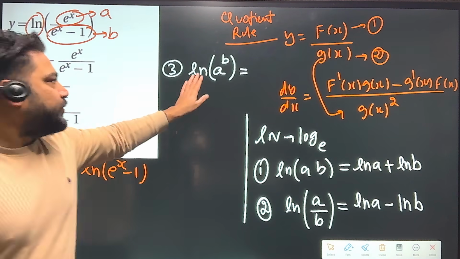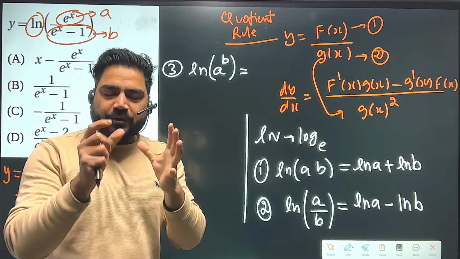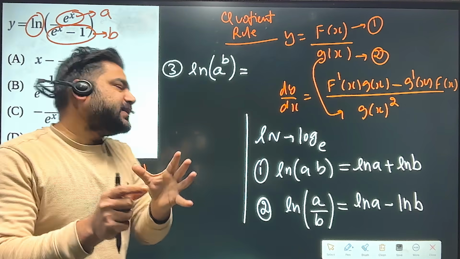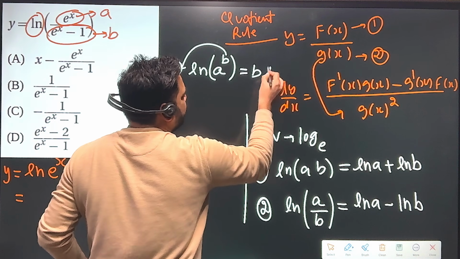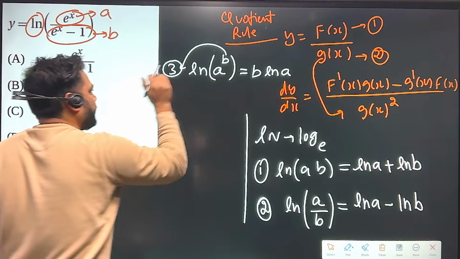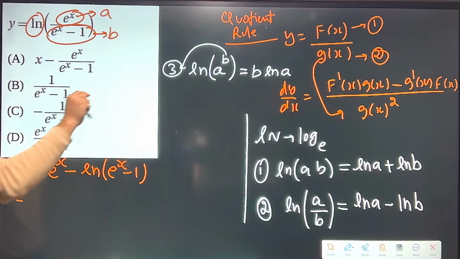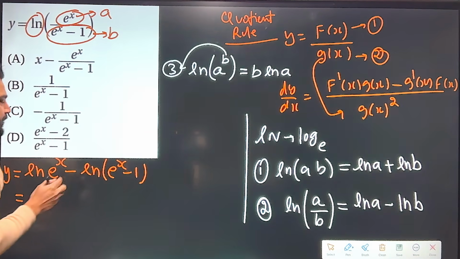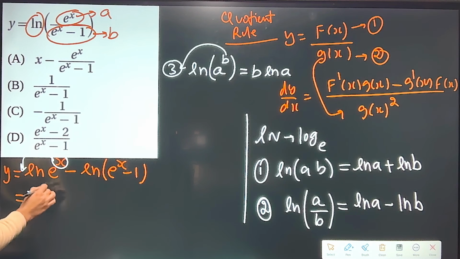This is ln of a, and a power is b. So what does the property say? The property says that this power will come ahead in the front part. If in the log part there is a power, it will come ahead. So similarly here, this x is in power, so this x will come here, and it will be x ln e.